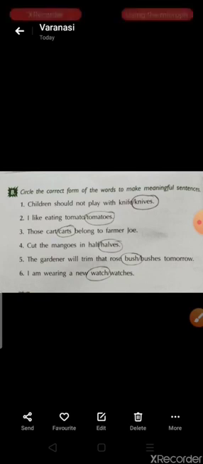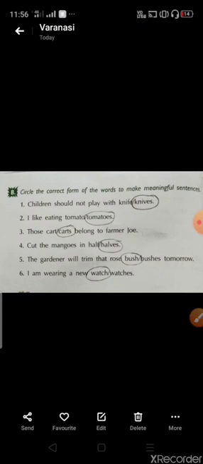In the fourth sentence, halves. In the fifth sentence, bush. In the sixth sentence, watch. So write it in your copy correctly and learn the spellings also.